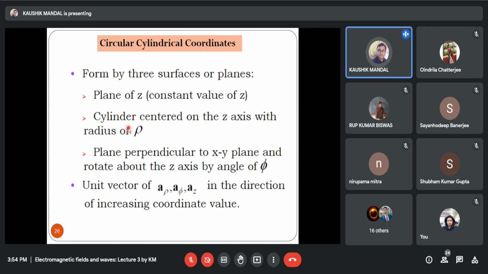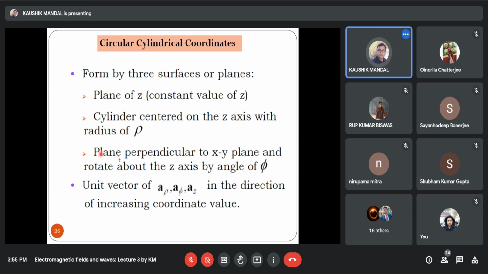And another plane is perpendicular to the xy plane and rotates about the z-axis by an angle of phi. So apart from the top and bottom of the cylinder and the surface of the cylinder, we need to consider another perpendicular plane to the xy plane, and rotate it along the z-axis by an angle of phi.